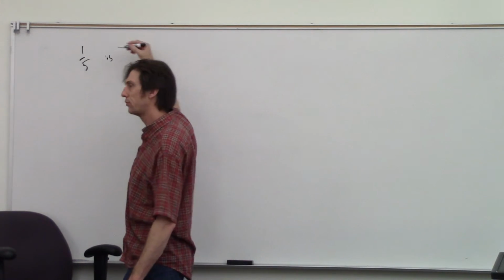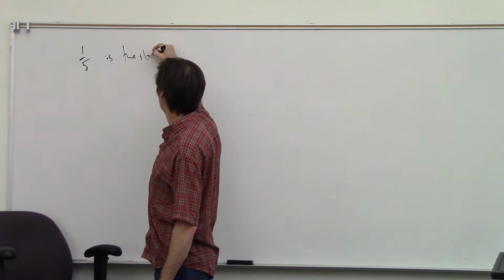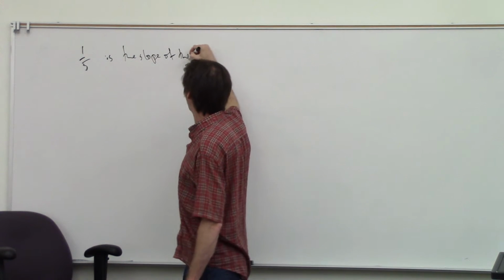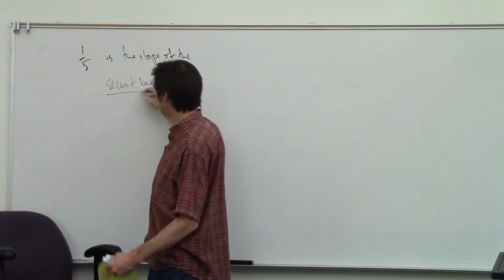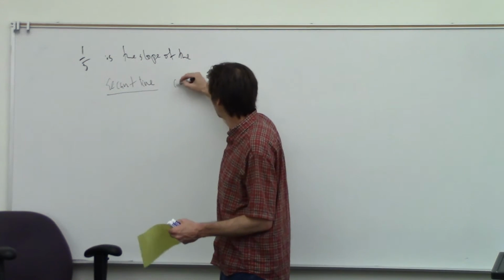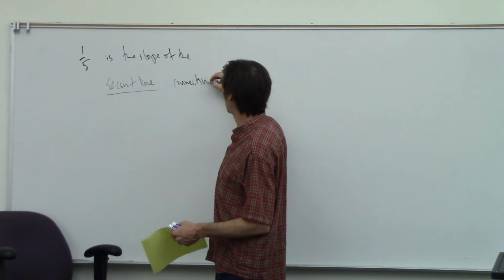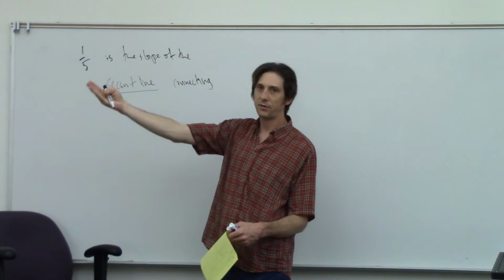1/5, or this average rate of change, is the slope of the secant line connecting a couple of points on the graph of the function.